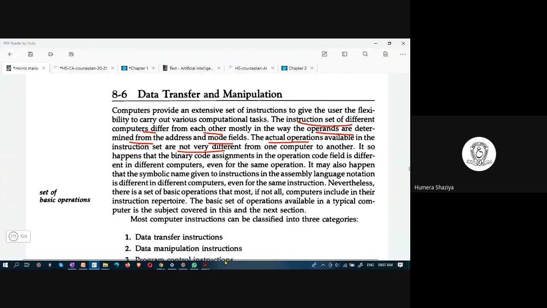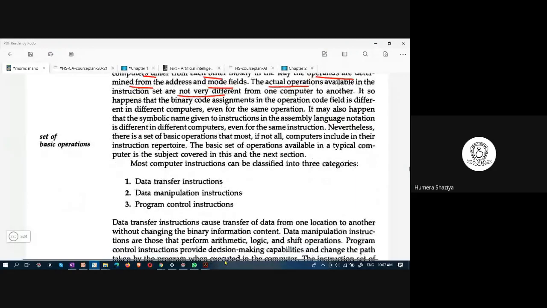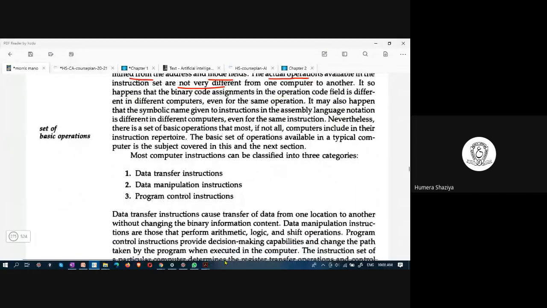However, the way in which operands are determined from the address and mode fields is different. So the basic set of operations available in a typical computer is the subject of discussion of today's class.